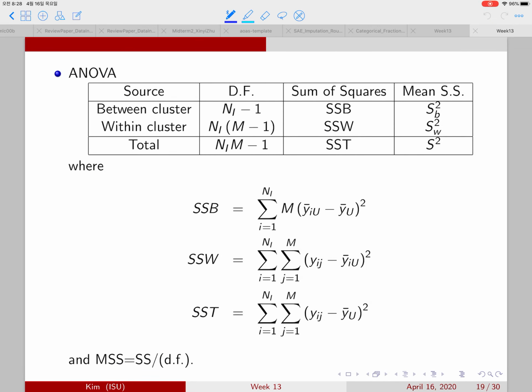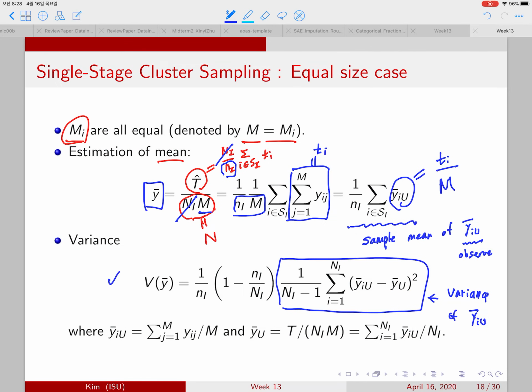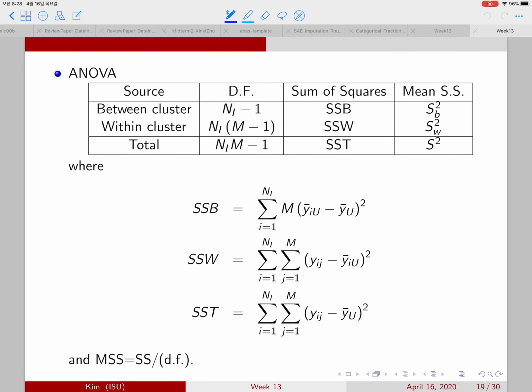Now, to understand the variance formula here, let's consider the following ANOVA decomposition. So we have a Yij observation, cluster i, element j. So we can have an analysis of variance using between cluster and within cluster. So this is the definition. This is the total variance, right?